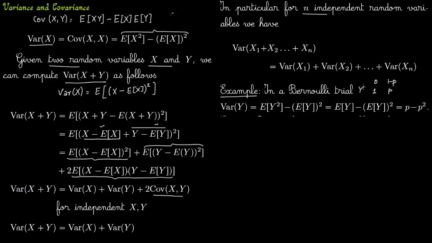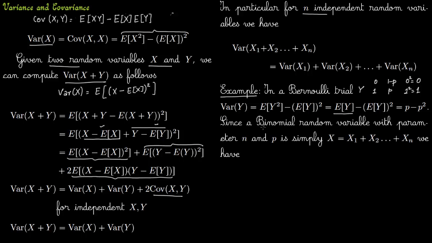Now y is 0 and 1, and y square is 0 square is 0, 1 square is 1. So y and y square look exactly the same, because if you square 0 and 1, you still get 0 and 1. So expectation of y square is expectation of y, and you know expectation of y is p, and then you have minus expectation of y square, that is minus p square.